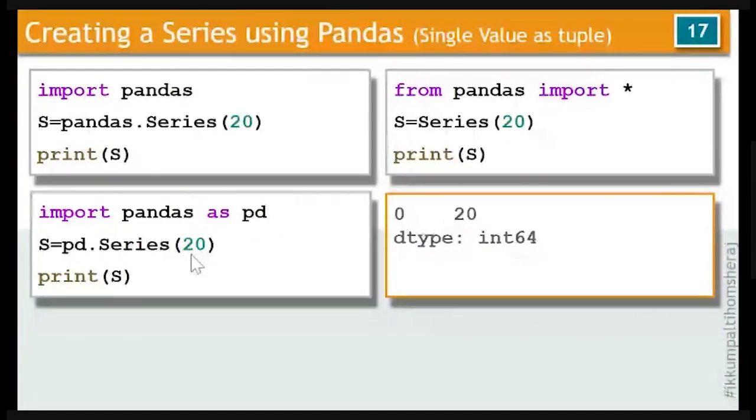Now, why do we not use the first example? The reason is very simple. In this case, every time in front of every function of pandas, we have to write this big name pandas. The second question is, why do we not use the one where we don't have to prefix anything in front of the name of the function? We do not use this because there are a number of pandas functions which are common to other built-in functions.